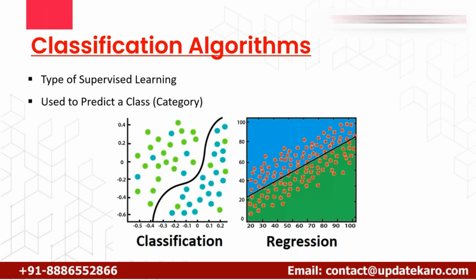Basically, if you're talking about the difference between classification and regression, suppose we have the data. In regression, our main goal is to predict numerical values for our upcoming data, or just predict future values, right?